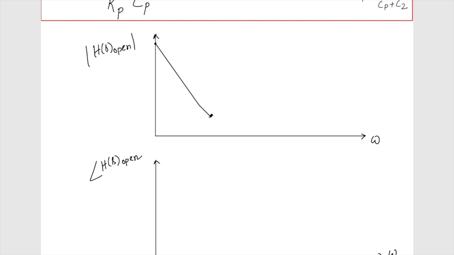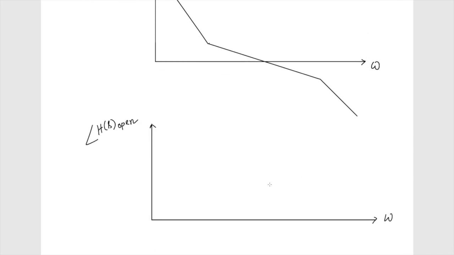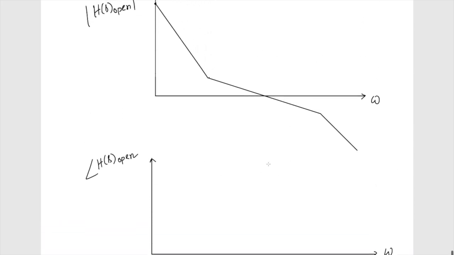Then after this, immediately I have a 0, and then I'll have another pole. So then this is going to again roll off by minus 40 dB per decade. I have just moved this one a little down.